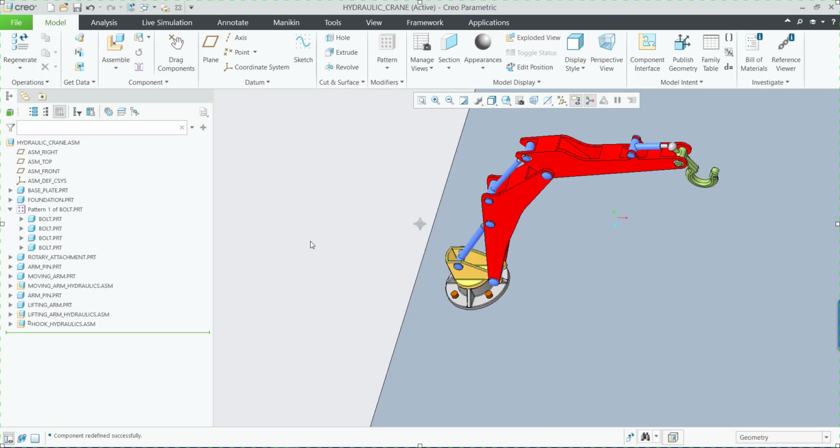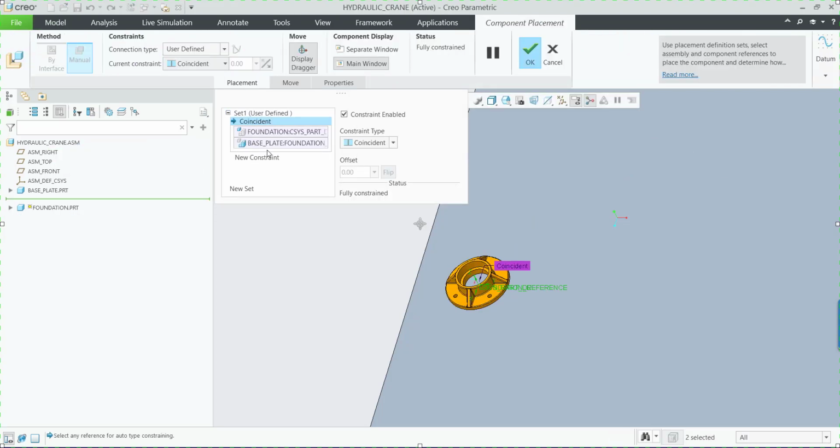In the context of mechanism, the base plate is a true grounded body, and the foundation and 4 bolts are supposed to be rigidly held together along with the base plate. That's why there has to be a rigid connection between foundation and base plate, and further between bolts and foundation. If I look at the foundation.prt, you can see that it currently has only one single constraint, the coordinate system to coordinate system matching.